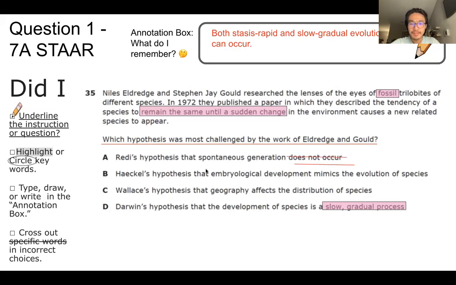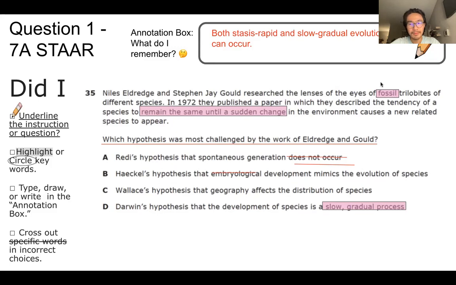Now, spontaneous generation is when something immediately becomes a new species. It's actually kind of compatible, right? We're talking about quick changes. So spontaneous, very, very quick, and sudden change, they're actually kind of compatible. They would actually support each other, so they wouldn't challenge each other. B, embryological development.